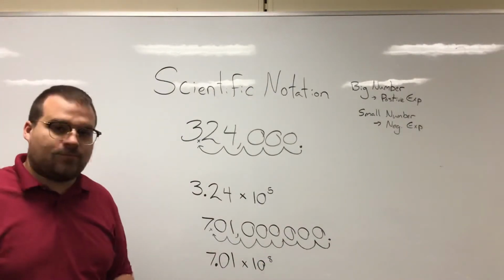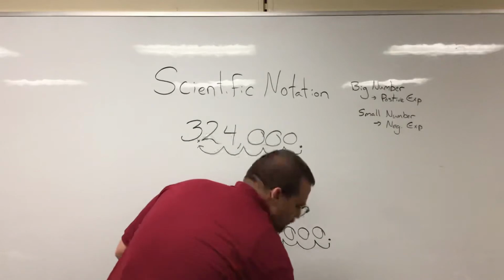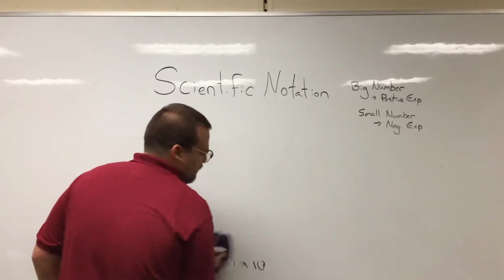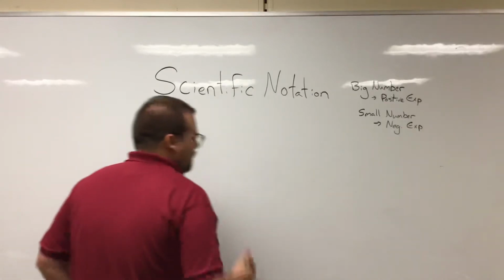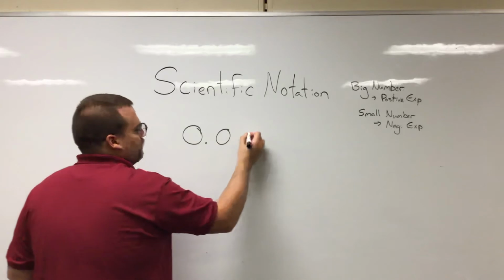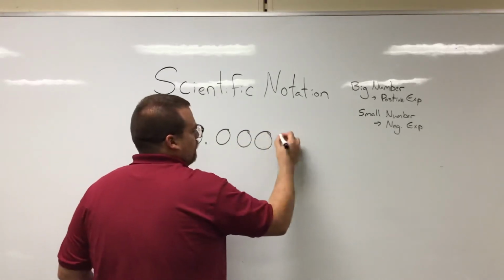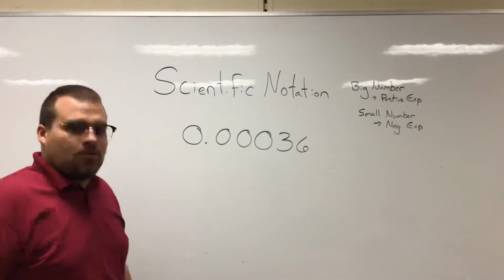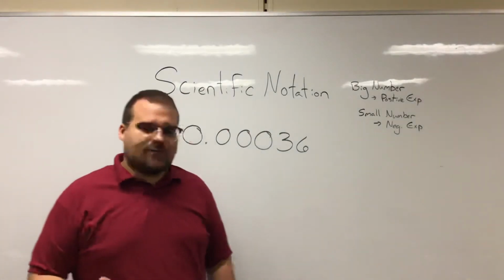We did it. Let's try out one, what I like to call a small number, before we talk about converting back. And let's say we have the number 0.00036. We follow the same kind of idea.